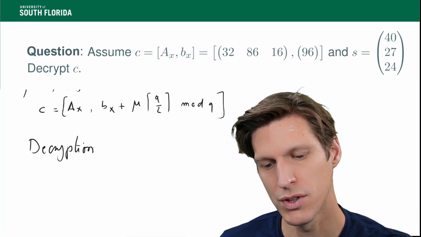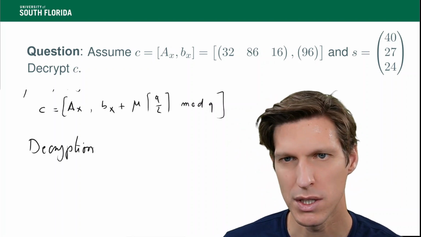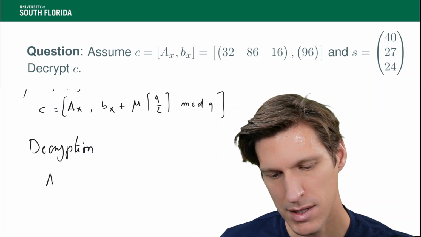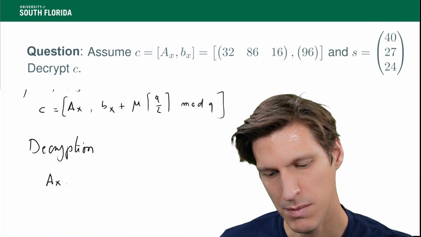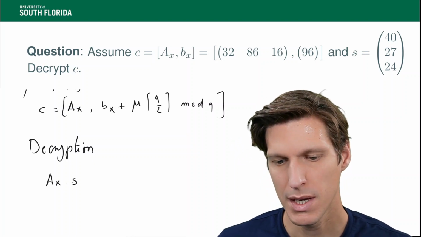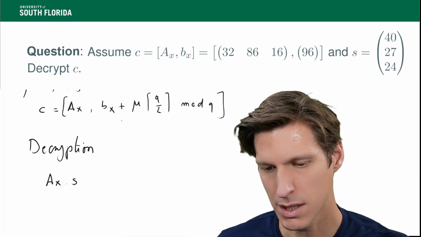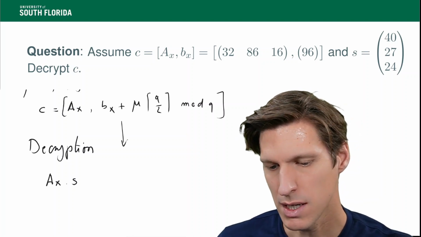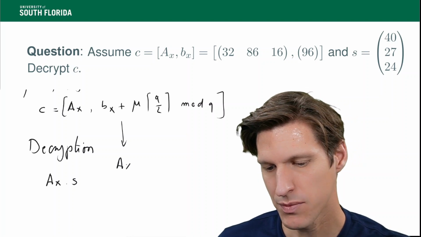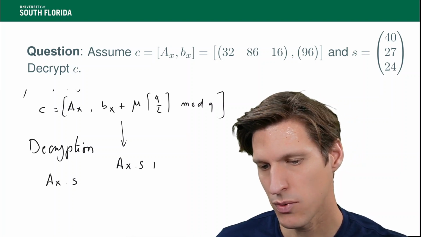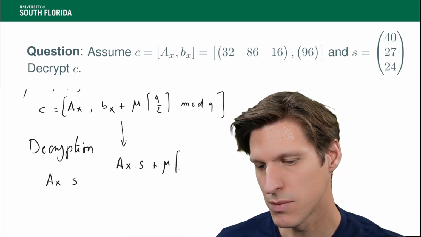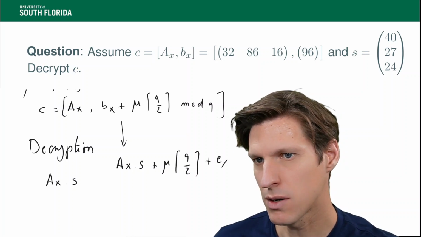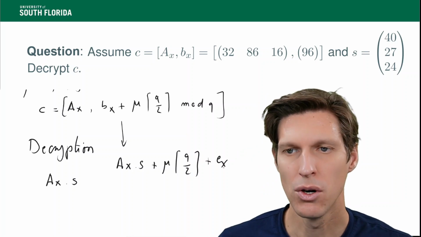So for the decryption, you first calculate A_x times S. And then the second coordinate of this ciphertext is precisely A_x times S plus mu times q over 2 plus some error that I'll never really know in advance.